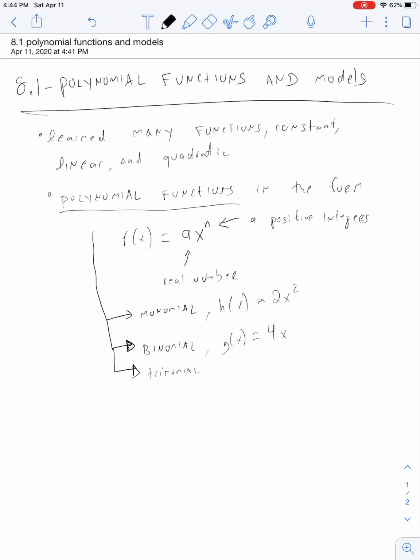A binomial, something like g of x equals 4x to the fourth plus 2x. A trinomial, something like g of x equals x squared plus 3x, what if we said minus 4? We should even be able to factor that if we wanted to. So you should be able to look at these polynomials and identify characteristics, and you should know the difference between all of these.